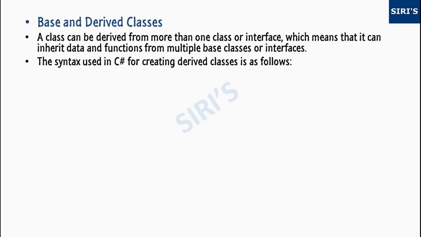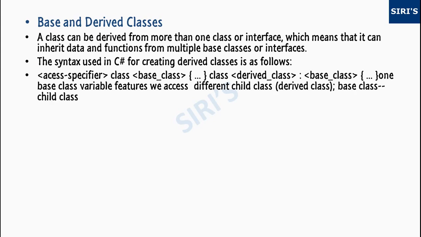The syntax used in C# for creating a derived class is as follows: access specifier, derived class, colon, base class, and the method. Through one base class variable, we can access the different child classes.